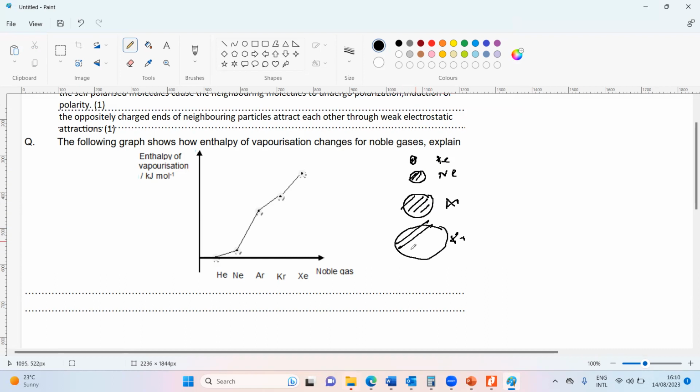What happens when you move down? The size increases. At the same time, the number of electrons present in molecules also increases. So what happens? Van der Waals forces increase. So more and more energy is needed to break them, and the enthalpy of vaporization increases. That is, more and more heat energy is needed to evaporate them.